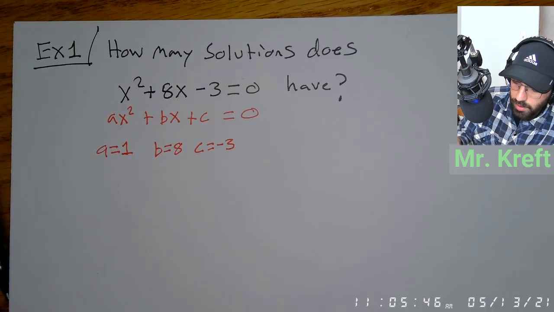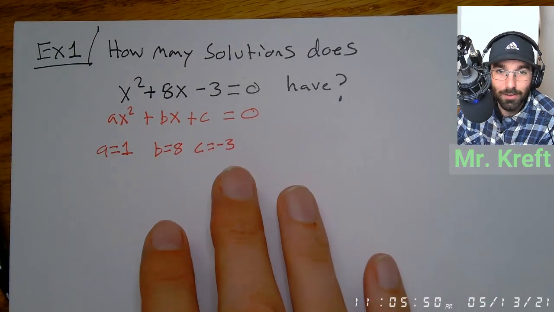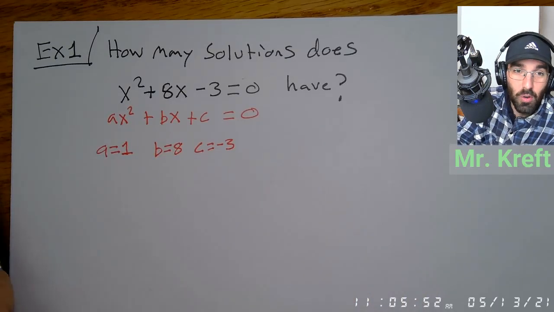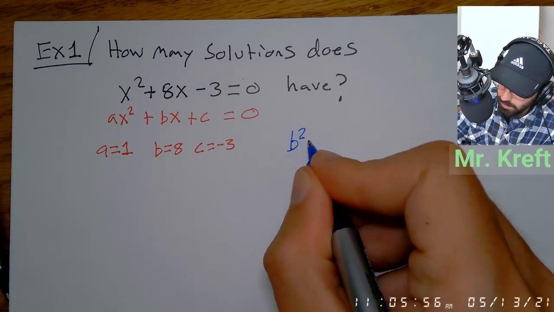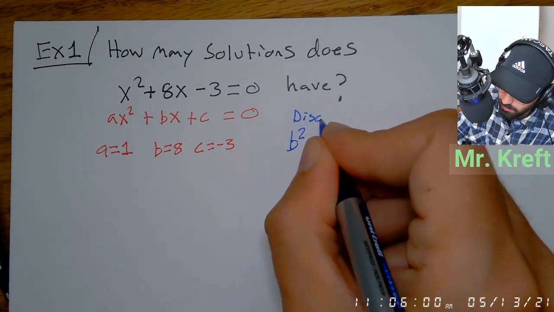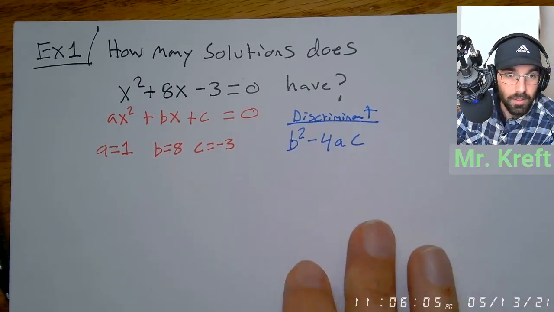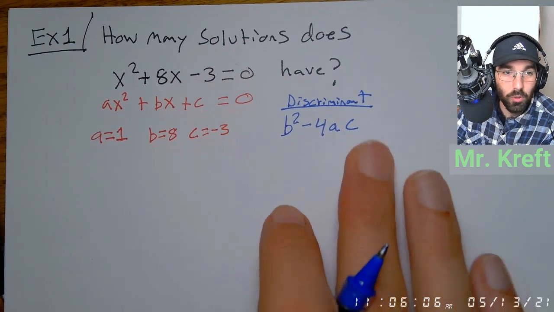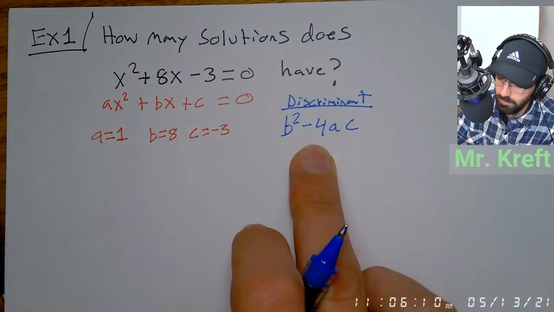Now, we don't need to solve using the quadratic formula. All we need is the discriminant, and the discriminant is b squared minus 4ac, right? This is the discriminant. Okay, that's all we need. So we're going to check the discriminant to see how many answers we have.